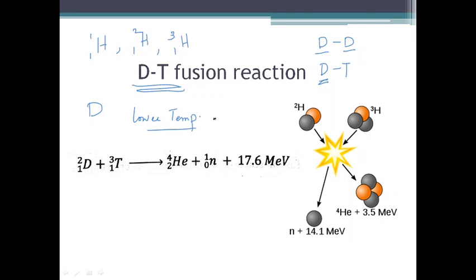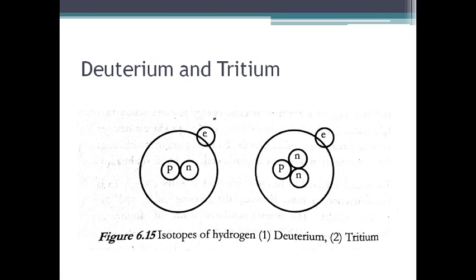So as we know, in a DT reaction, the initial ingredients are deuterium and tritium. In deuterium, we have one proton and a neutron in the nucleus. Tritium is 1H3, so it has one proton and two neutrons. Both are isotopes of hydrogen.